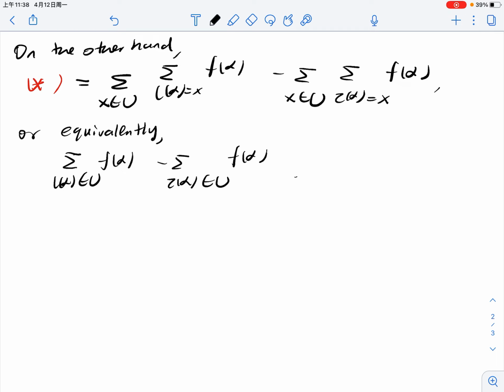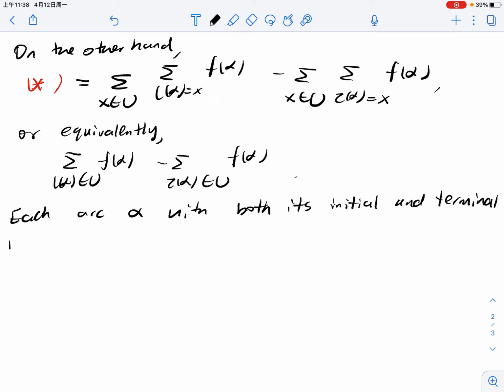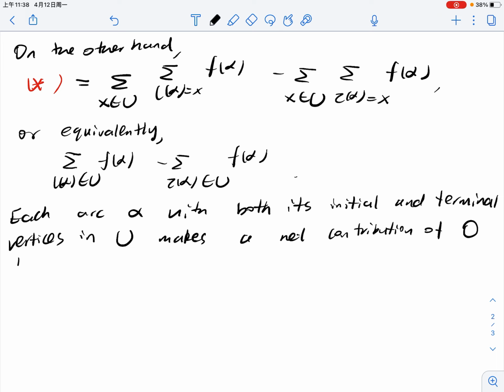So to derive this, we note that each arc alpha with both its initial and terminal vertices in U makes a net contribution of 0 to the summation star.